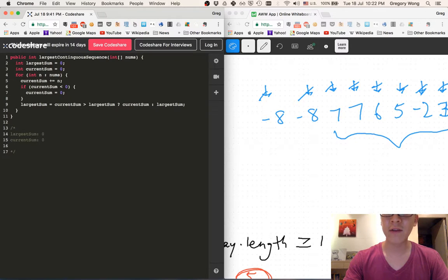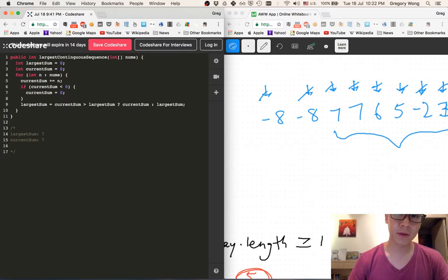We see another -8, so we do the same thing. We see 7 next, so current sum is now 7 because current sum plus equals n. And if current sum is less than 0, it's not, so we skip this, and the largest sum is current sum.